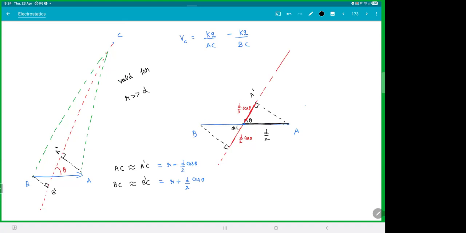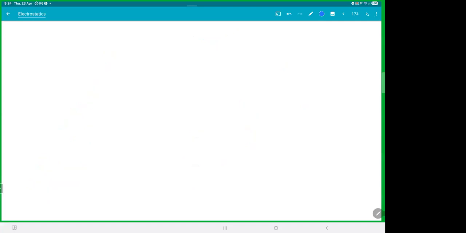Now, once you got this, it's an approximation. Remember this thing. We will use it extensively again in wave optics. Now, we just have to dump it in the formula. The potential would be KQ by AC, which is R minus D by 2 cos theta, minus KQ by R plus D by 2 cos theta. Solve this. You end up with KQ times D cos theta by the denominator R square minus D square by 4 cos square theta.